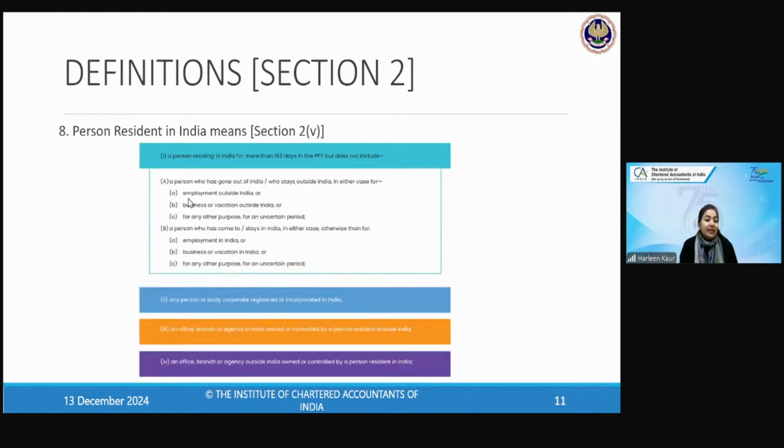A person resident in India now comes to a very important definition, that is section 2, subsection 5, clause 5, which defines your person resident in India. So the basic thumb rule that you have to remember over here is if you're staying in India for more than 182 days, then you become a person resident in India.